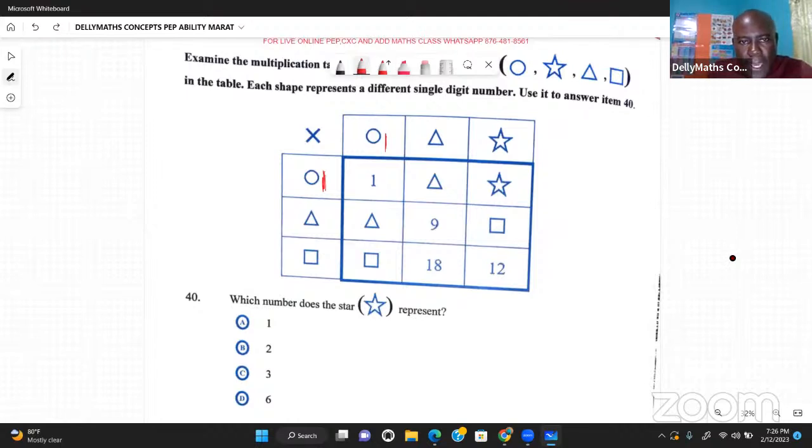Now, let's go again. You're noticing this: triangle times triangle gives 9. Follow your multiplication table, you know. Remember, you're saying triangle times triangle gives 9. It's the same, so blah times blah gives blah, just as though your times table is set up.